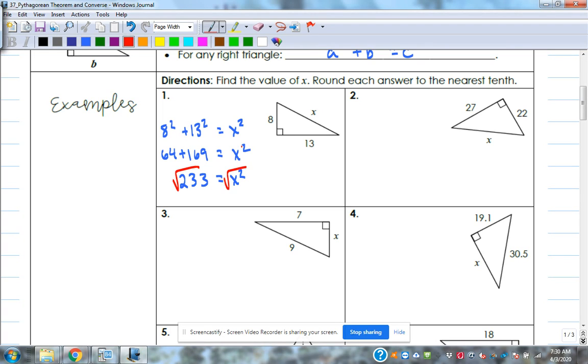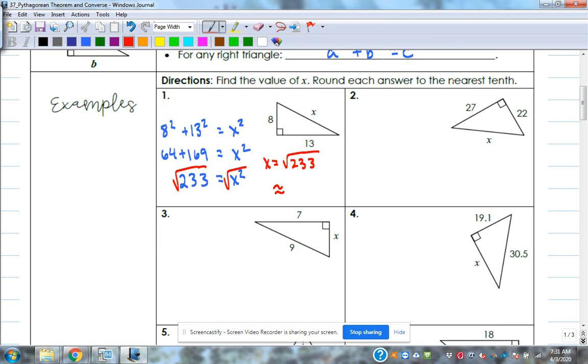We would attempt to break down the square root of 233. So X is the square root of 233, and we'll give a decimal approximation for that as well.